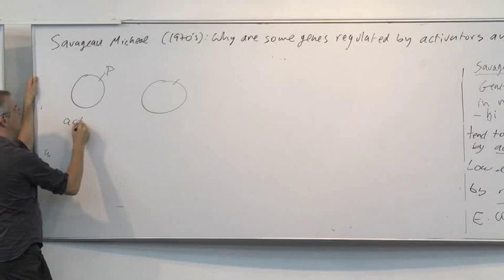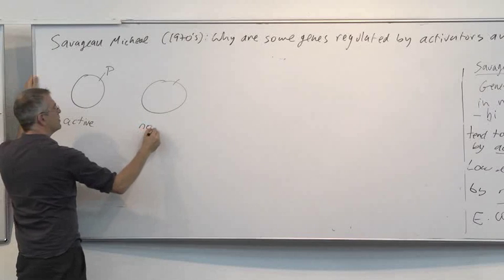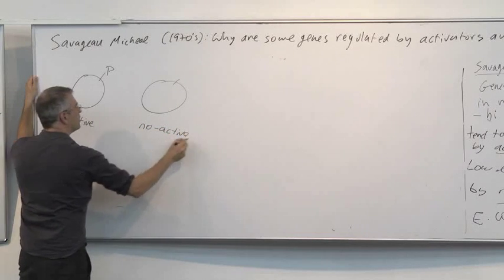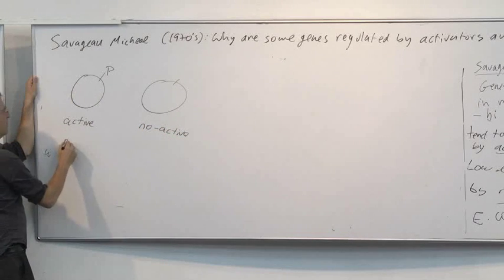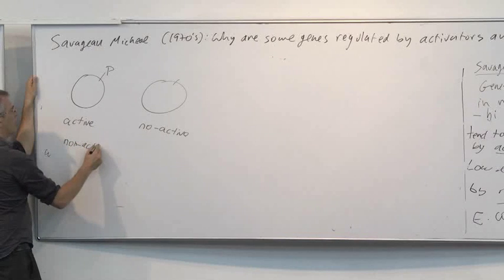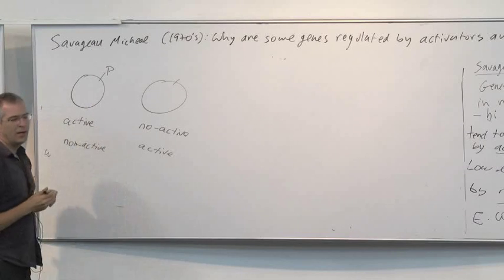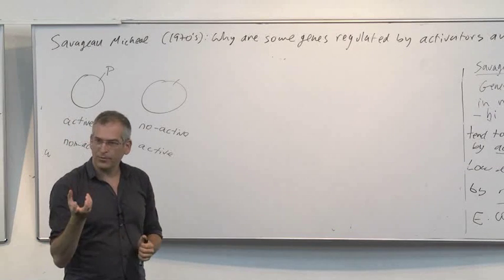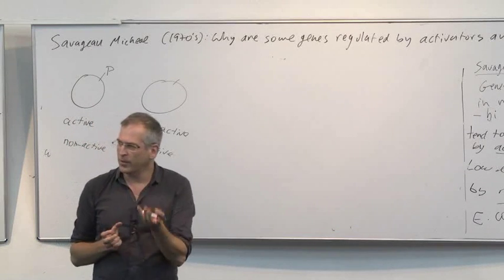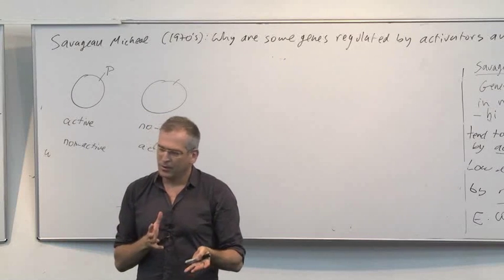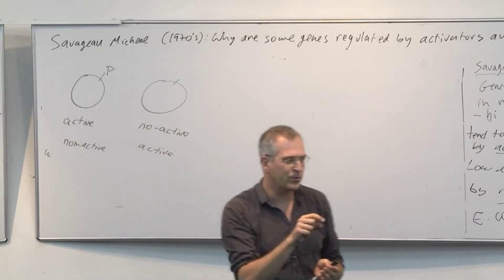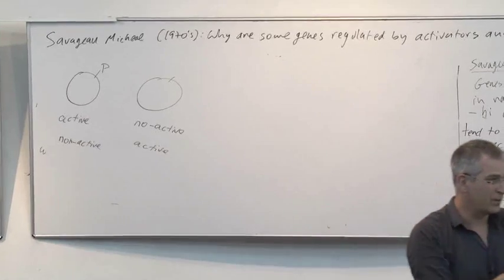This could be the active state, and this could be the non-active state. Or you can design it so this is the non-active state, and this is the active state. So you can have a protein designed to be phosphoactive or phosphoinactive. And there are examples of either, where phosphorylation activates a protein or phosphorylation inactivates a protein.